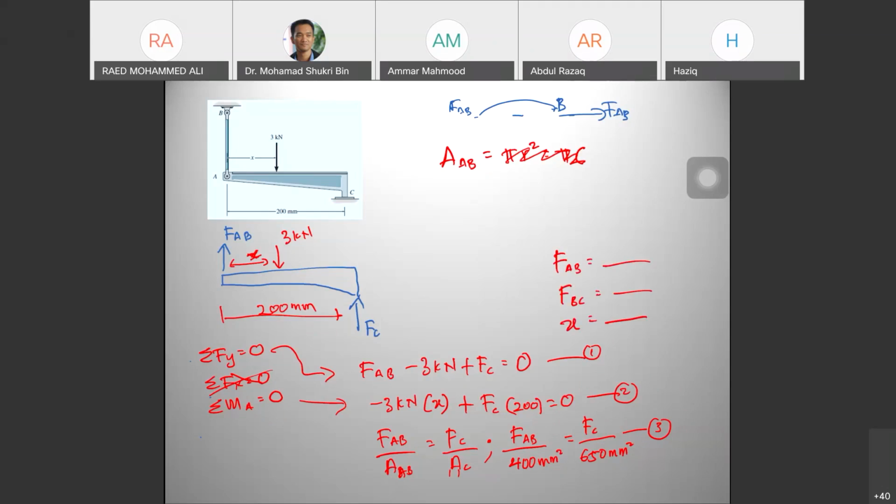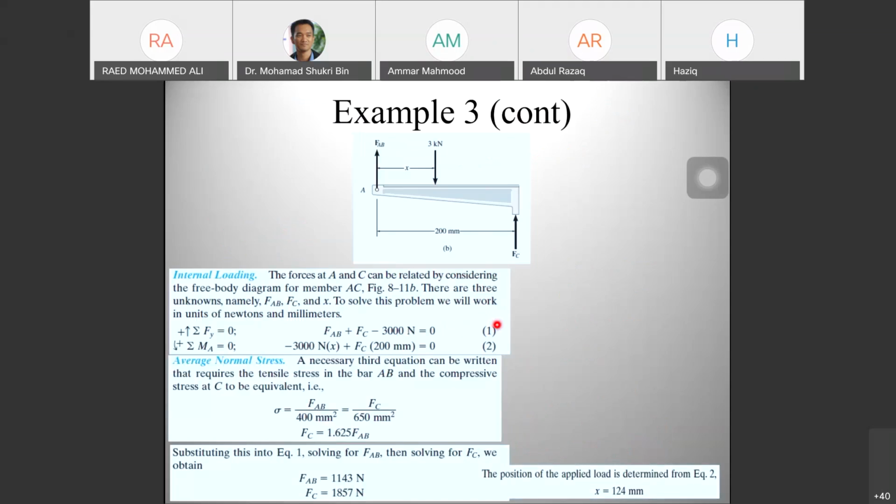Oh yeah, they have the answer. When you use equation number 1, equation number 2, and this is equation number 3, you solve these 3 equations, you should get the answer lah. FAB this much, FC this much, and X is 124 mm. Alright.